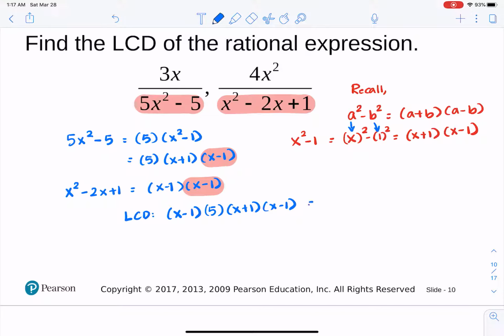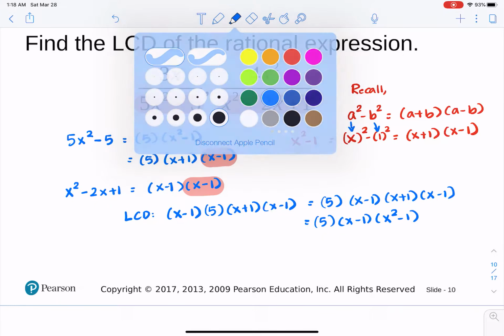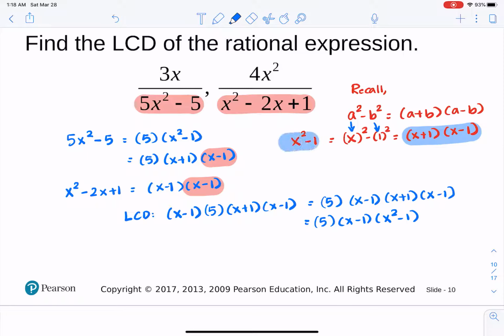So the LCD here is 5 times x minus 1 times x plus 1 times x minus 1, which is simply 5 times x minus 1 times x squared minus 1. Again, I'm using the identity which we had earlier. X plus 1 times x minus 1 is x squared minus 1, so I simply rewrote x plus 1 times x minus 1 as x squared minus 1.